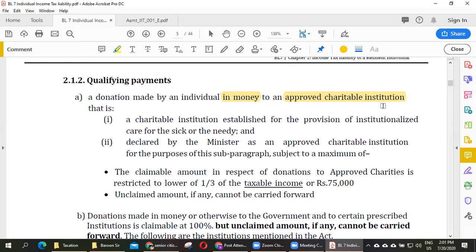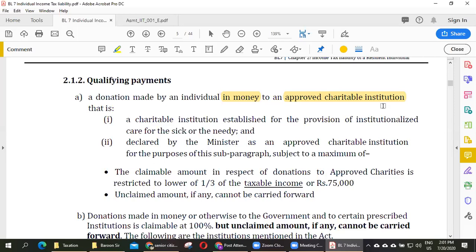Ministry of Culture? No, not Ministry of Culture. Any other answers? Finance. Very good. Yes, Ministry of Finance.